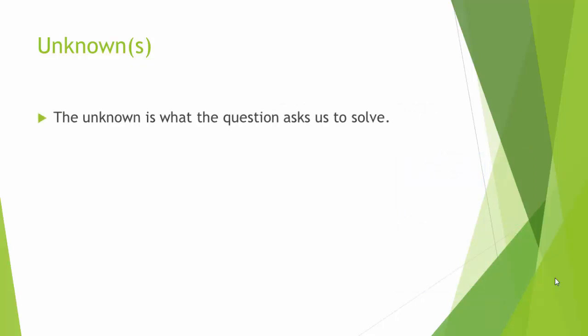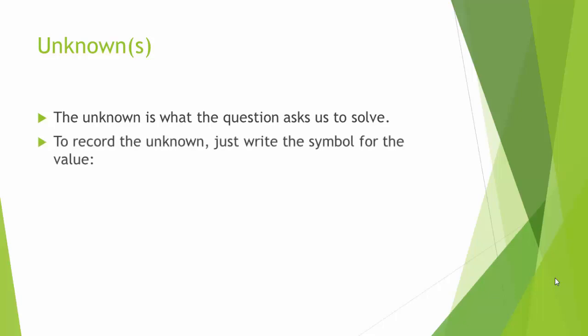Now the unknown, we have to identify this from the question. It'll be usually right after the phrase "what is" or "calculate the." So the unknown is what the question asked us to solve. All we have to do is read the question, assign a letter to it, and record it, just like this.